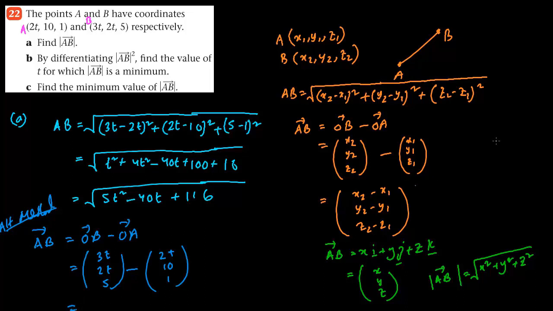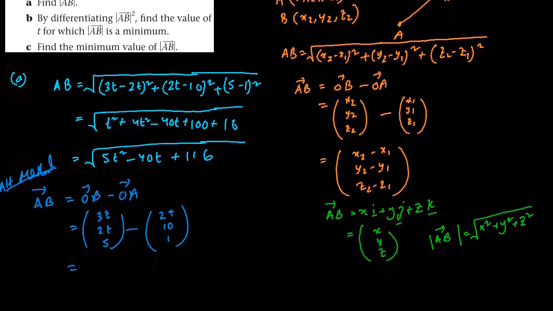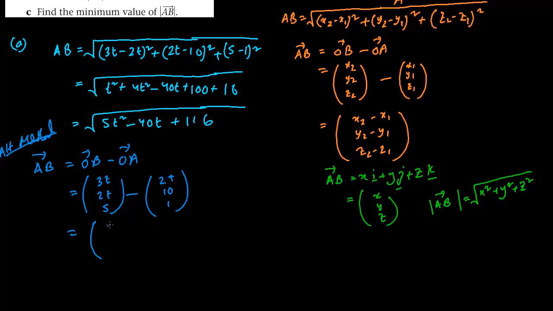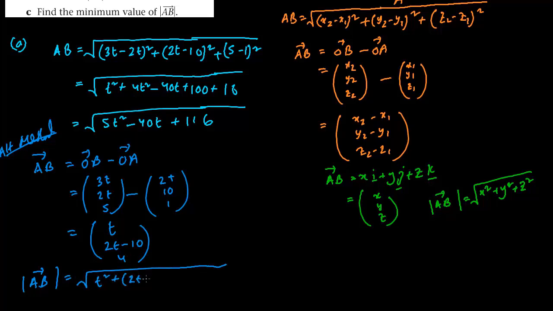And when we subtract this, this is going to be 3t minus 2t is t, 2t minus 10 is 2t minus 10, and 5 minus 1 is 4. So the modulus of that is going to be the square root of t squared plus 2t minus 10 squared plus 4 squared. You can do the sum in either way, it doesn't really matter.